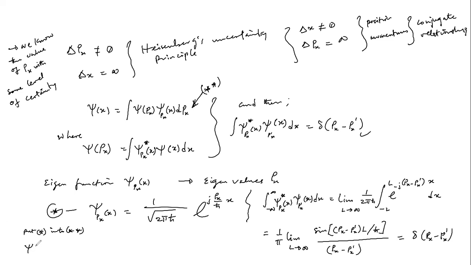That is, psi of x is equal to the integral from minus infinity to infinity of psi of p times the exponential of i p x over h cross.